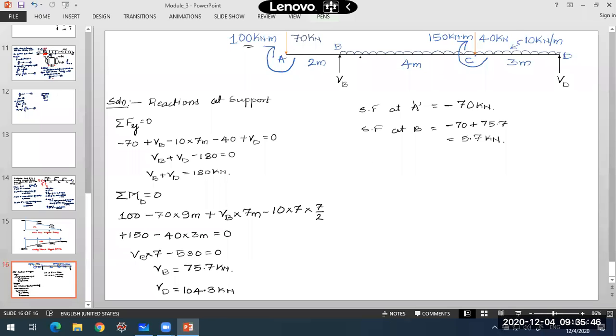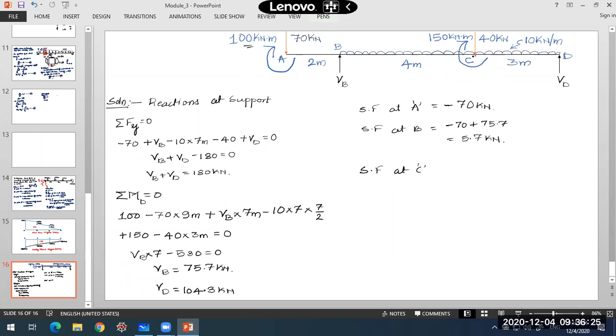Now I'll go to point C directly. There is no interval which has been asked of us, so I have not taken any interval here. At the points represented on the beam, at those points itself, I am calculating the shear force. Shear force at C. Before I cross this concentrated load, I'll calculate the shear force because now UDL is coming into the picture, so there will be a gradual change in the shear force value.